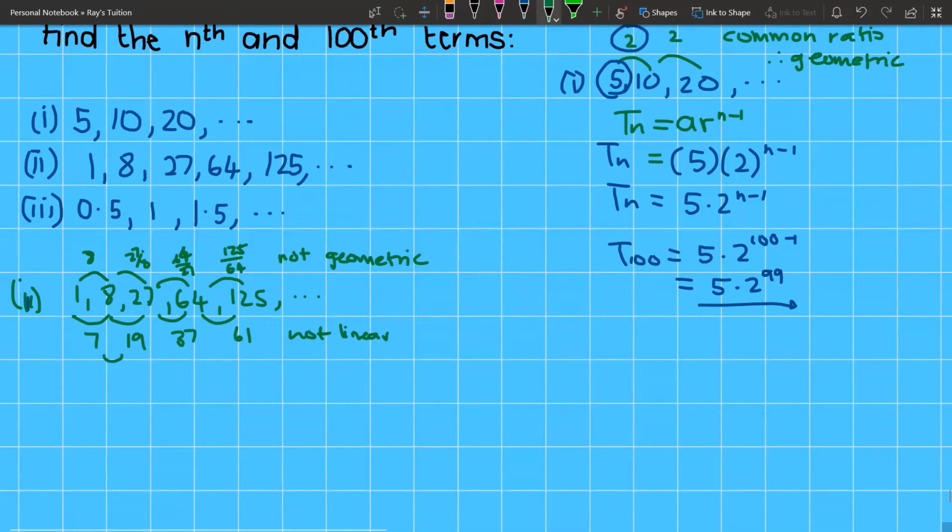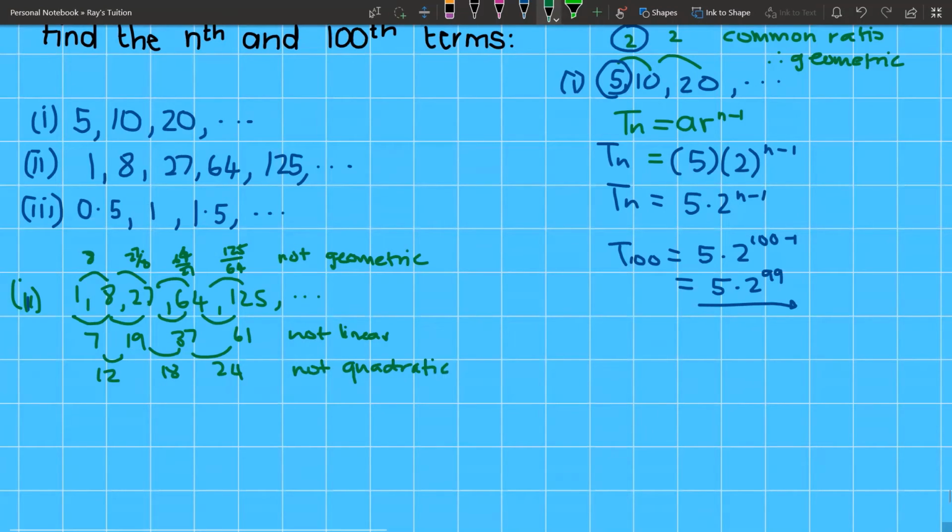Let's look at our second differences. 19 minus 7 is 12. 37 minus 19 is 18. And finally, 61 minus 37 is 24. So again, there's no common second difference, so it's not quadratic.